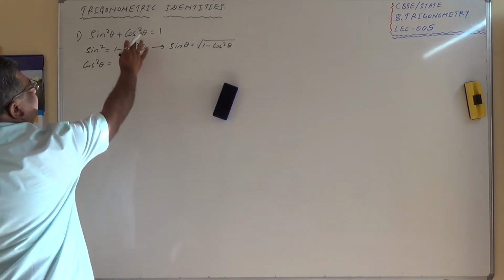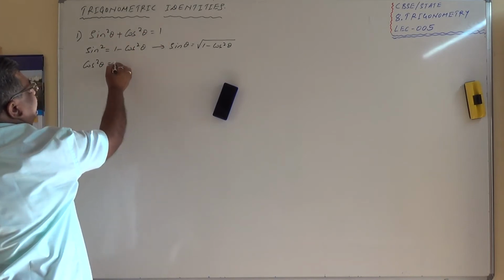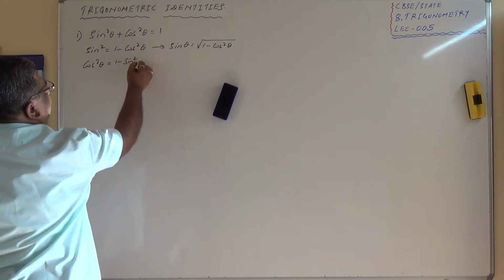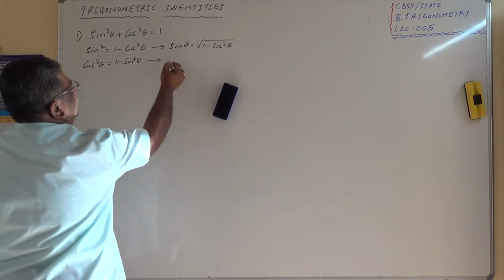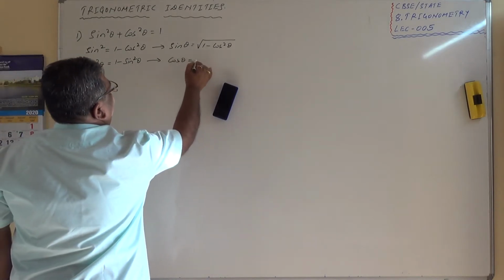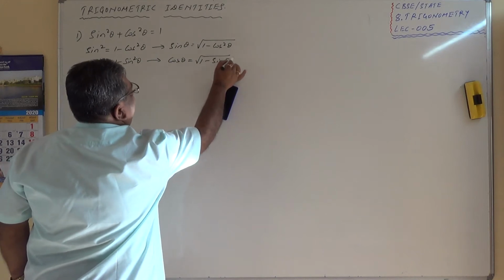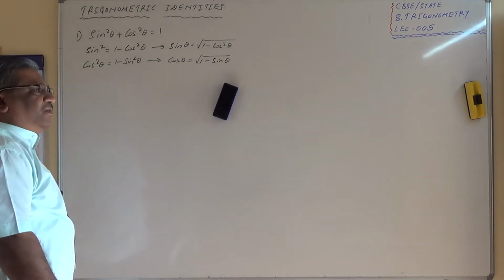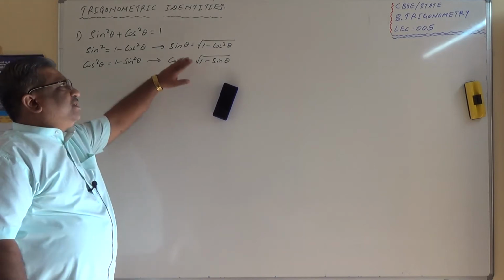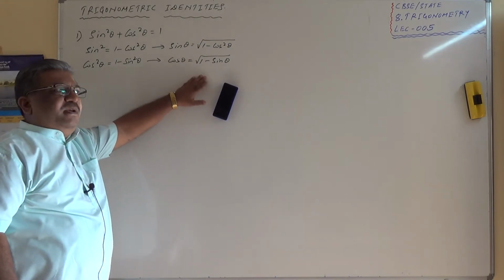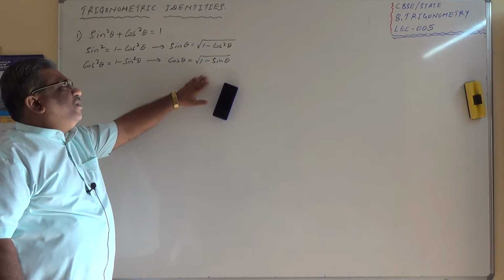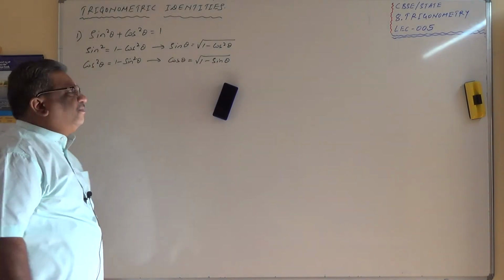Cos square theta equals 1 minus sin square theta. Also cos theta equals under root of 1 minus sin square theta. Even though while taking square roots we apply plus or minus, for the time being, for your standard, we go ahead with only the positive values.